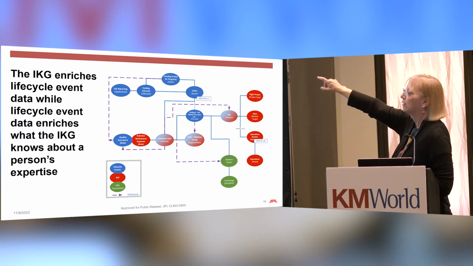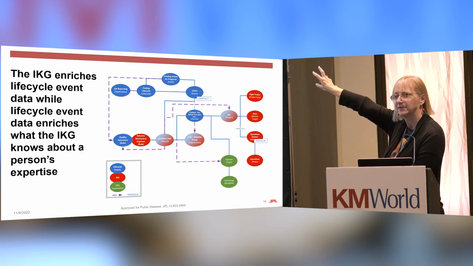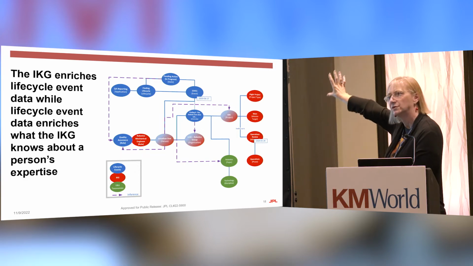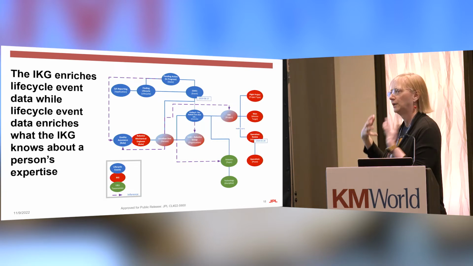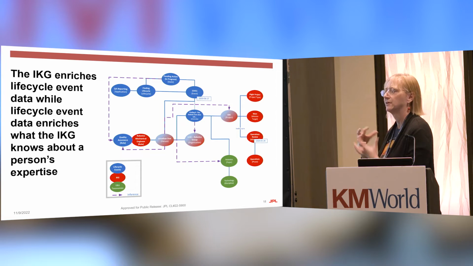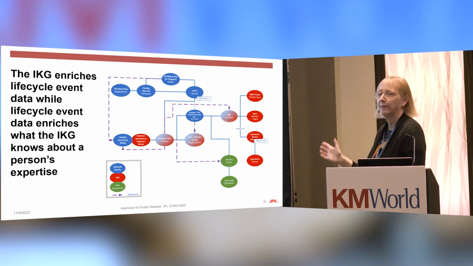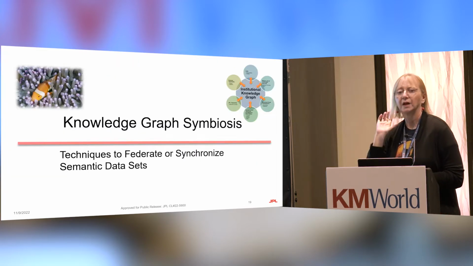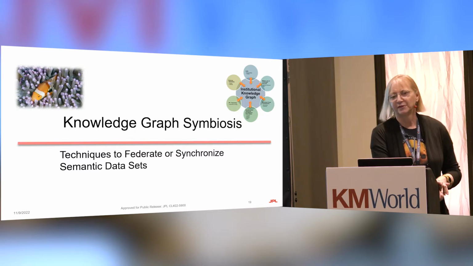We also know what date this event happened, and so we can relate that to project milestones that were in the IKG. So now we can start really pulling all these puzzle pieces together to tell a story, in case anyone wants to go back and say, what happened on this project? And so now I'm going to turn over to the details that Bess is going to give you.